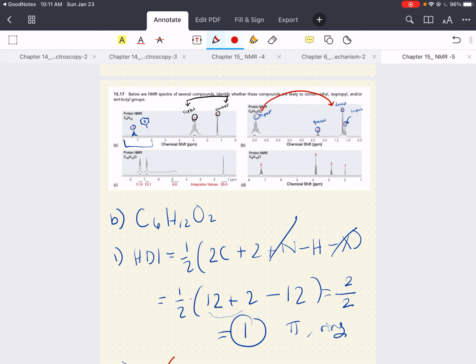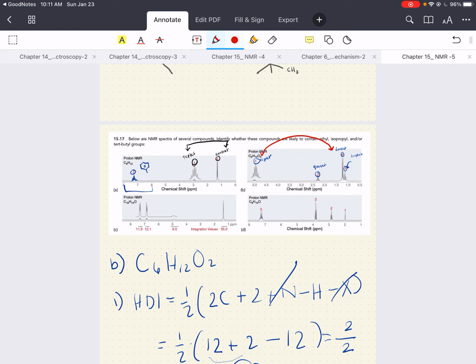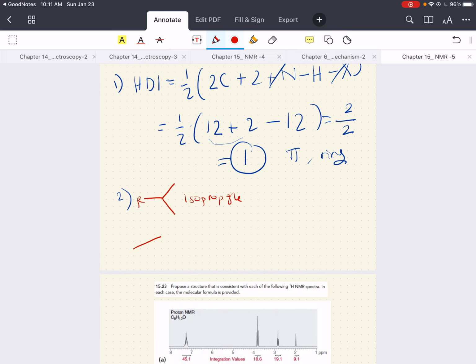We also see another pattern here that we should get familiar with: a quartet with integration 2 and a triplet with integration 3. We know what this is. This is an ethyl group.